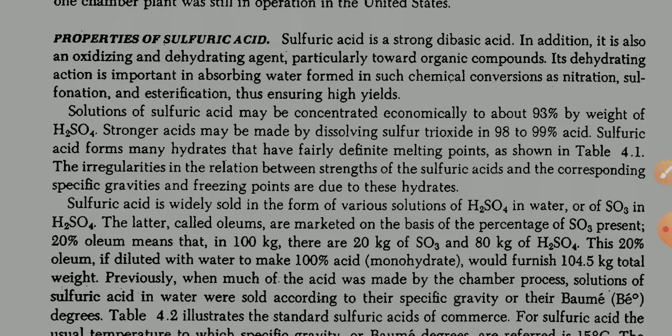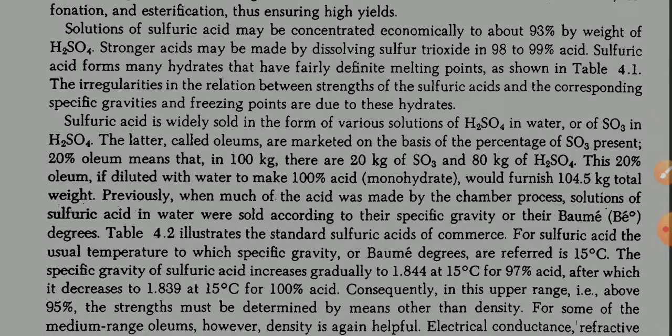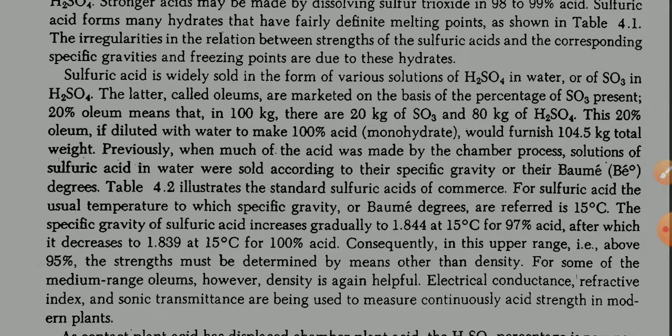Now, the third one: sulfuric acid is widely sold in the form of various solutions of H2SO4 in water and sulfur trioxide, that is SO3, in H2SO4. The latter are called oleums and are marked on the basis of the percentage of SO3.